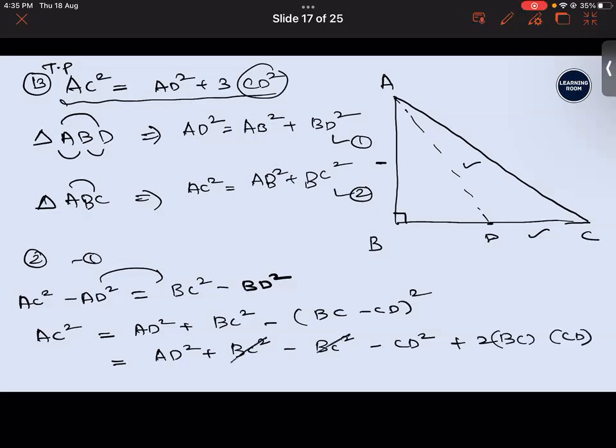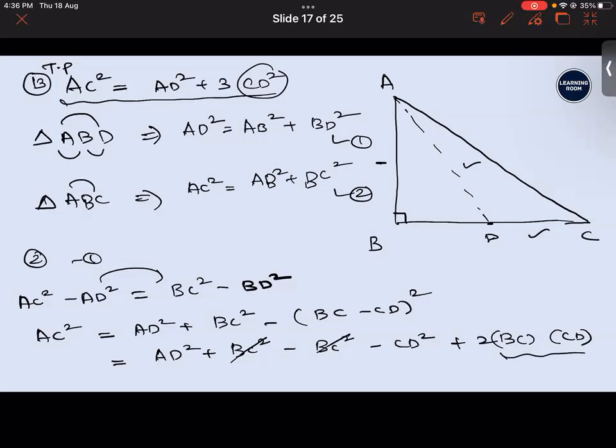So what will get cancelled? These two are gone. So this 2 times BC into CD, if you are able to prove that it is 2 CD square, your job is done. How is BC related to CD? Can I say BC is 2 times CD?